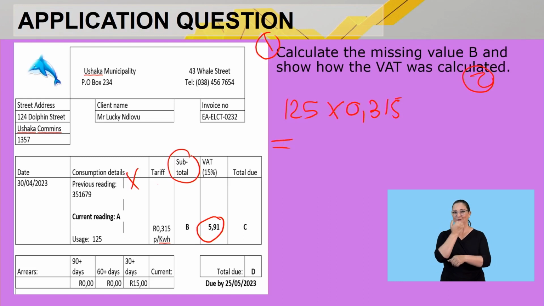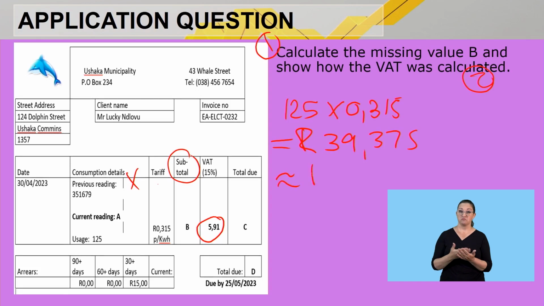Oh, cents, not seconds, sorry for that. So that's 125 times 0.315, meaning we need to pay 39 Rand 375. So if we round it to 2 decimals, because it's money, it's going to be 39 Rand 38. And that is the first part.